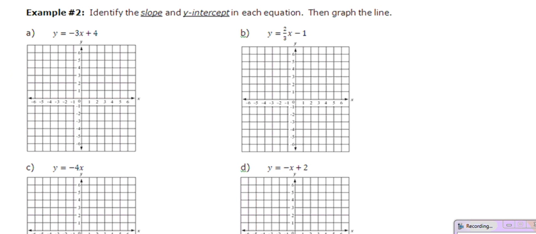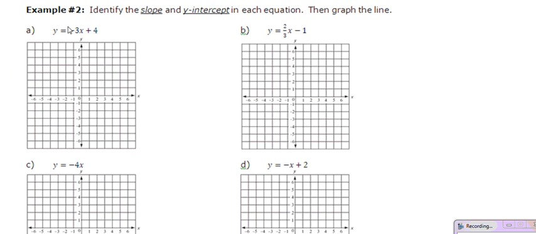So example 2. Here, it's giving us equations in slope-intercept form, and then it's asking us to graph the line. We've already figured out slope from a graph, rise over run. So what we need to do today is actually graph it from the equation. So if I look at A, I know my slope is -3, so my m is -3, and my y-intercept is +4.